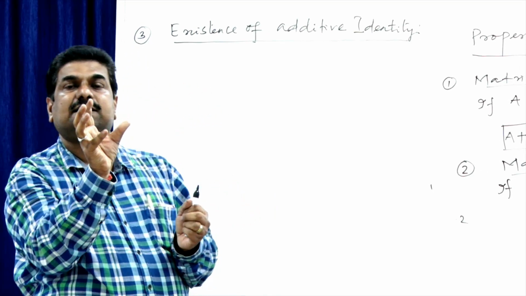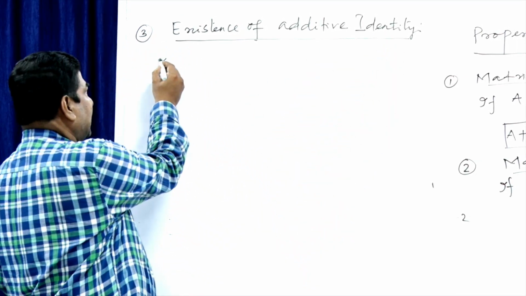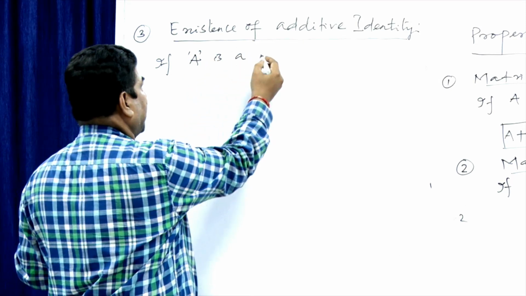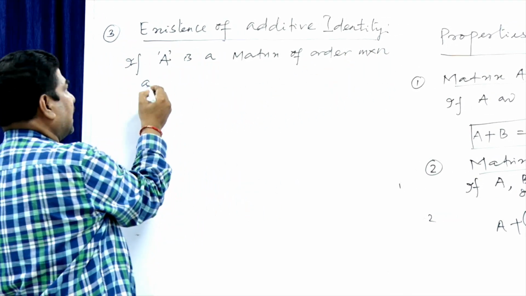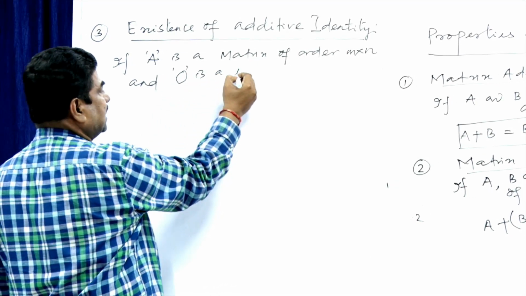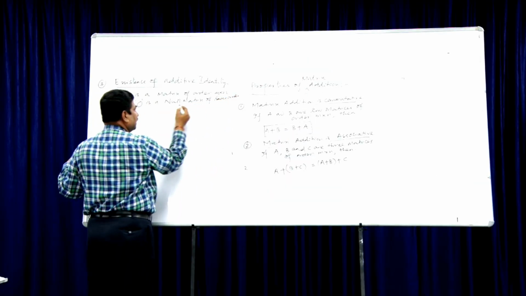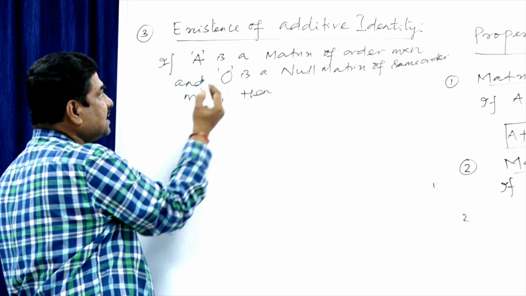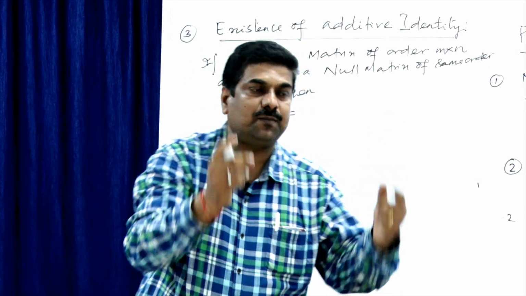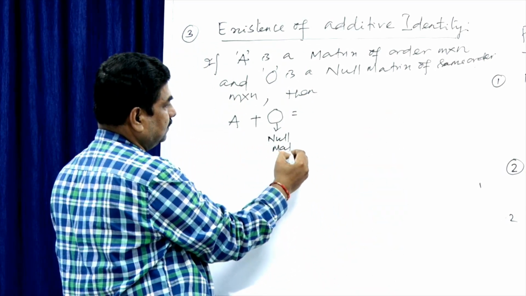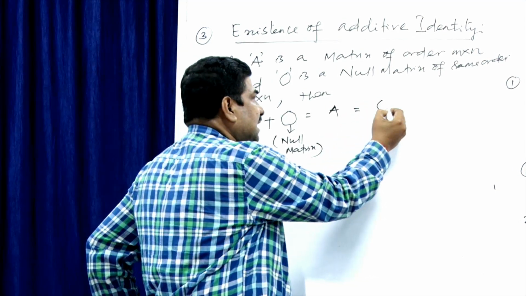Here we call O a null matrix. That means if A is a matrix of order m by n and O is a null matrix of the same order m by n, then A plus O, where O is known as the null matrix, is equal to A, or we can write this as null matrix plus A, dear.